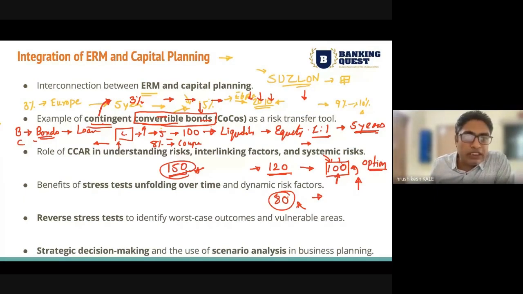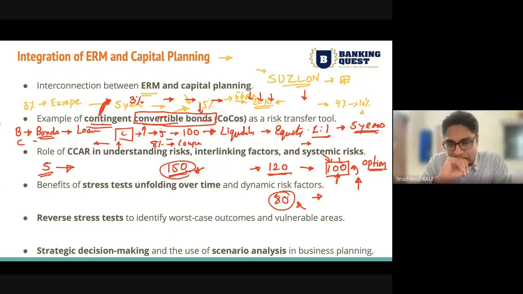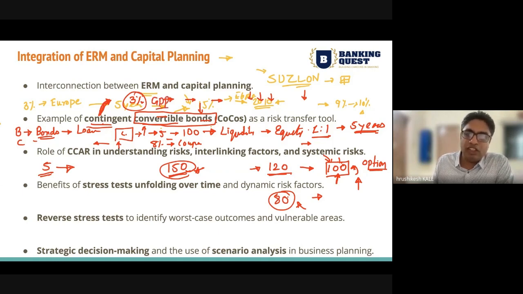While giving the bond itself, five years before, while taking out the bond for the first time, they decide based on the contingency, not after the happening of the event. So it is predefined. Always predefined. So this 3% of the GDP is predefined. The company will not define it at the time. Okay, so contingent convertible bonds is done.